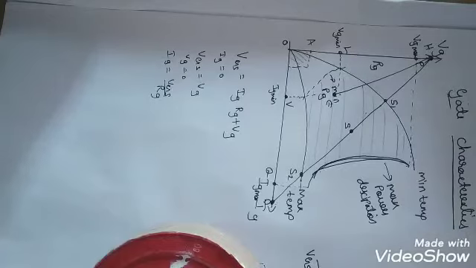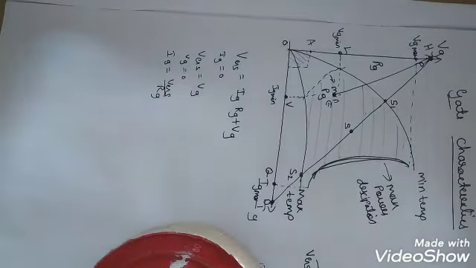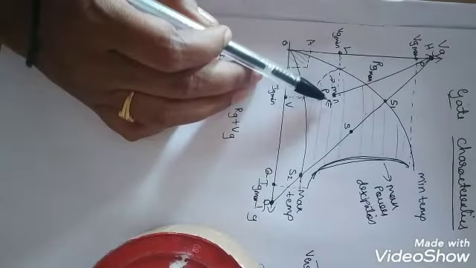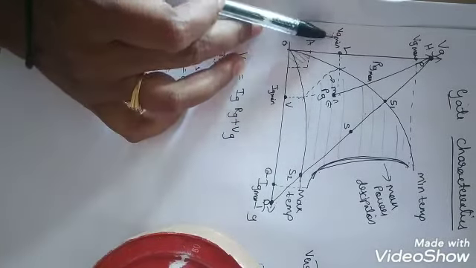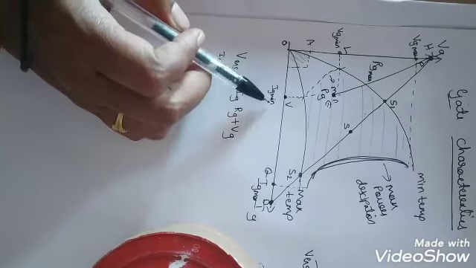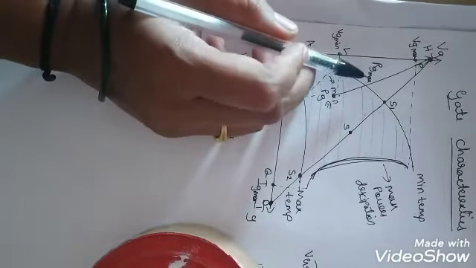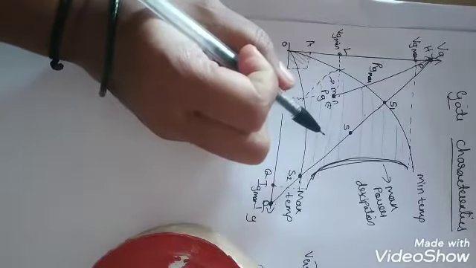So if we join H and E, where E is the point of intersection of VG minimum and IG minimum, this is the maximum value of RG that we can apply on this particular circuit.